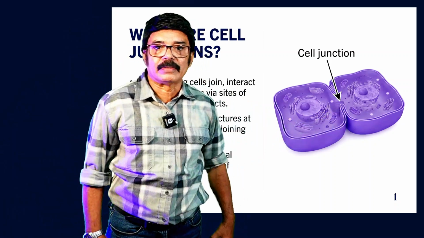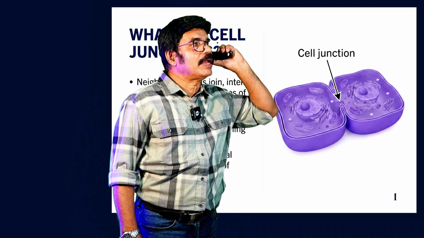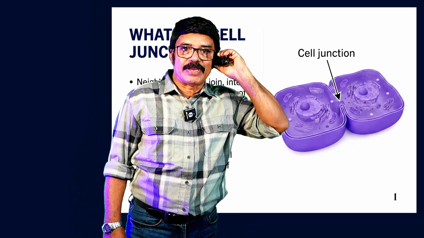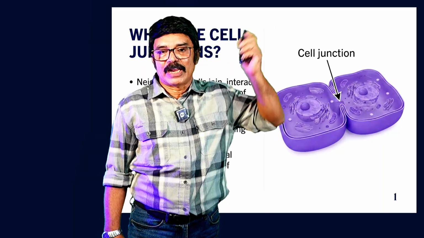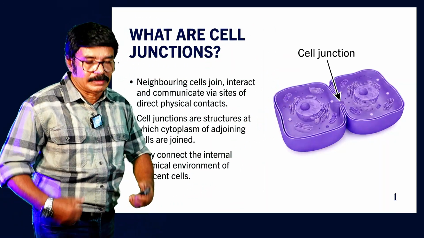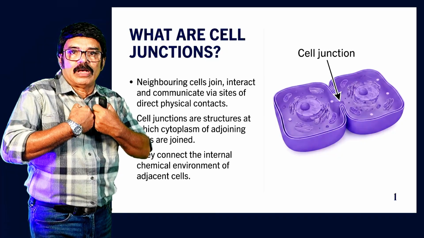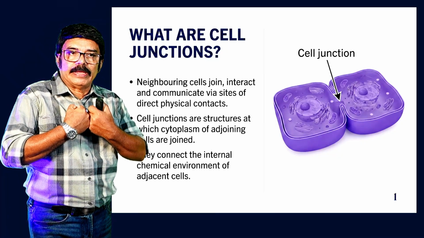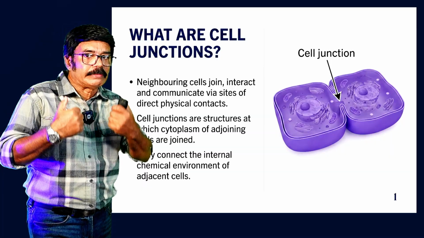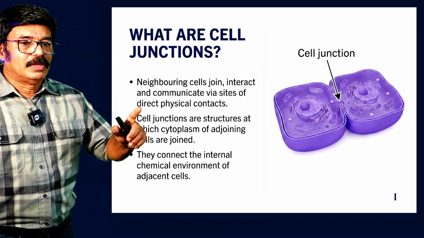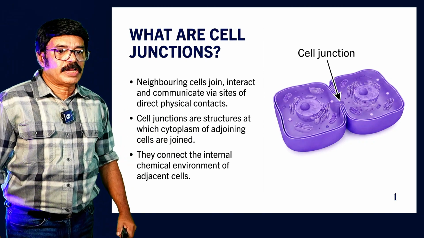Yes, we can communicate without being connected directly, like in telephone or telecommunication. But for cells, they generally need physical contact to communicate. There are many places where we find they do it in other ways, but generally it is so.